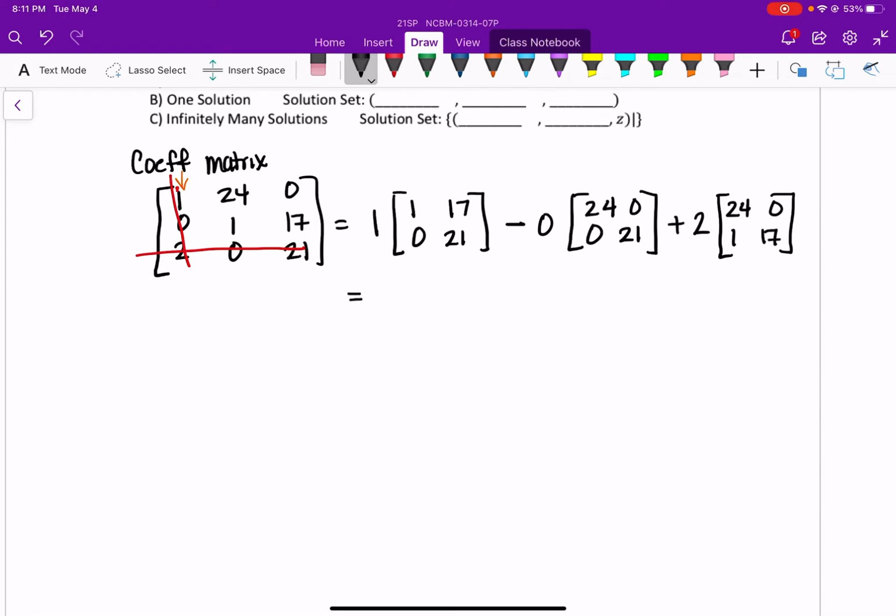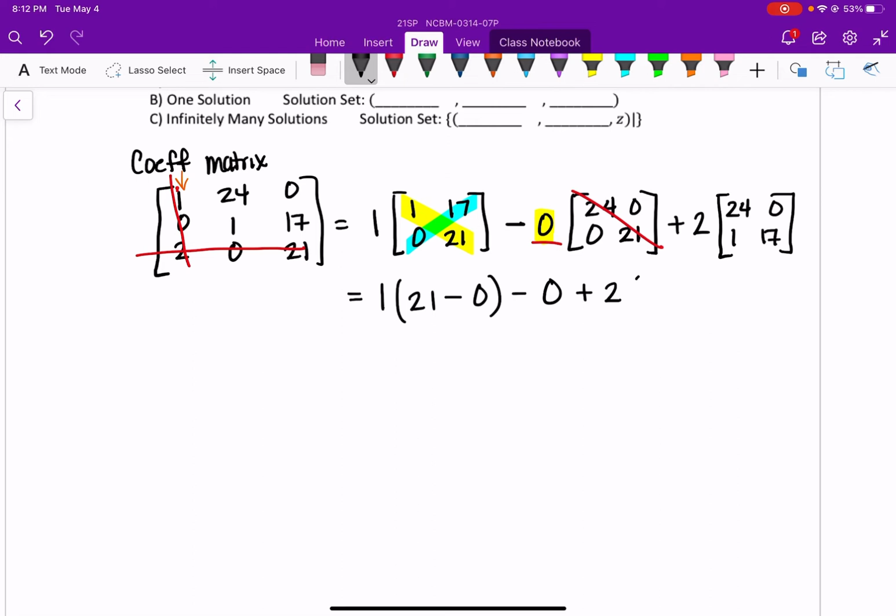So we still have 1, parentheses, doing our determinant here, we have 1 times 21, which is 21, minus 0 times 17, which is 0, minus, now I'm going to be completely lazy on this. Since we are multiplying by 0, I don't really care what's going on here because I'm going to multiply by 0 anyway, and that's going to give me 0.